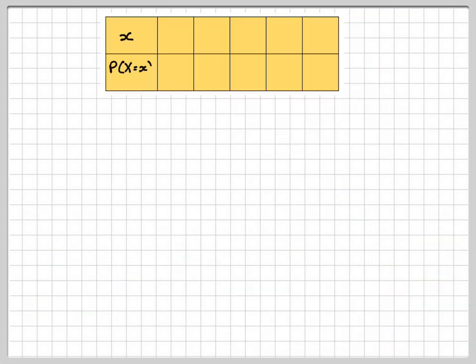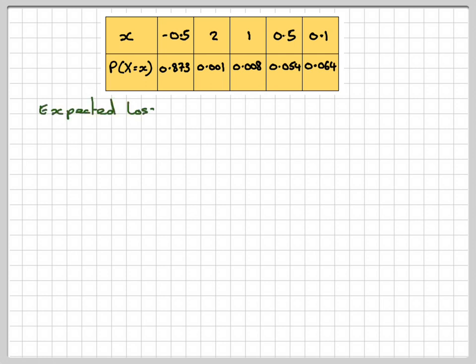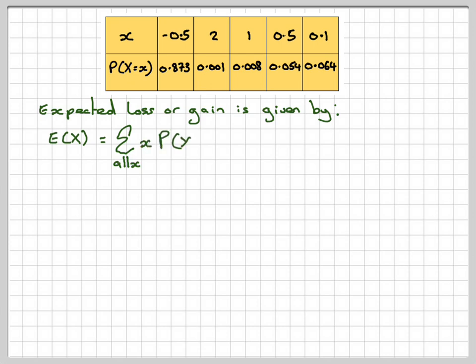Right, so writing out our table again quickly. Now we can calculate the expected loss or gain. That's called E of X, the sum of all X times the probability of each one.